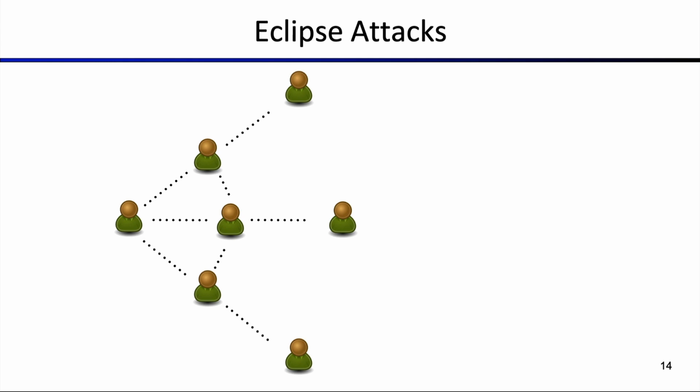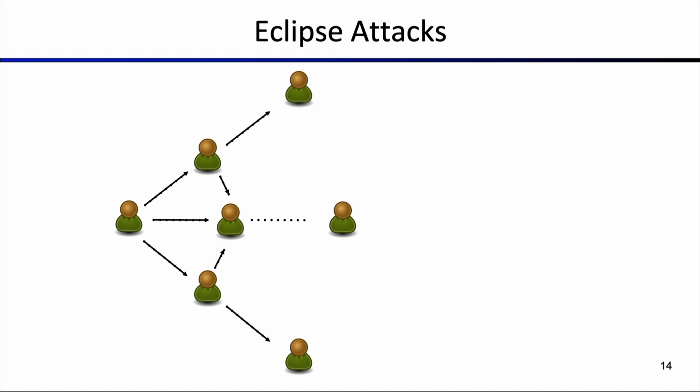If you're looking at Eclipse attacks, it's easier, let's say, to visualize the network. How does the network look? How do peers communicate with each other? And how does information propagate to the peers? So let's assume we have here the leftmost node and it's propagating a transaction or a block along this network.